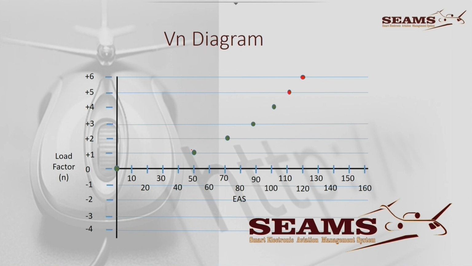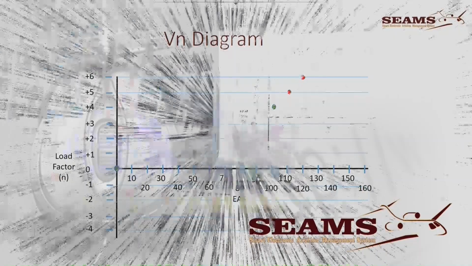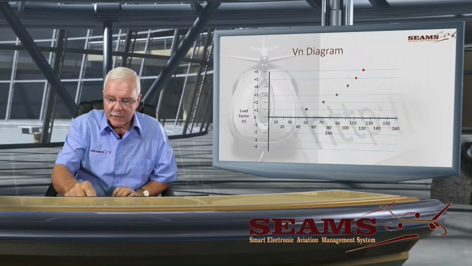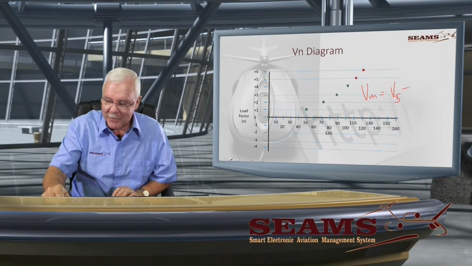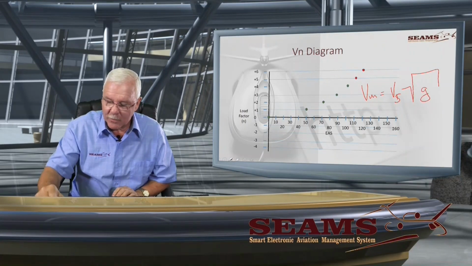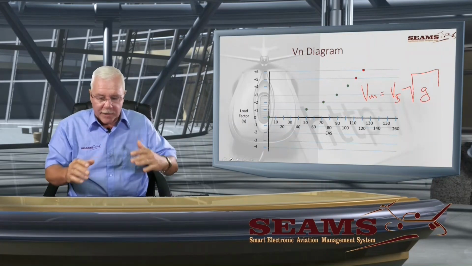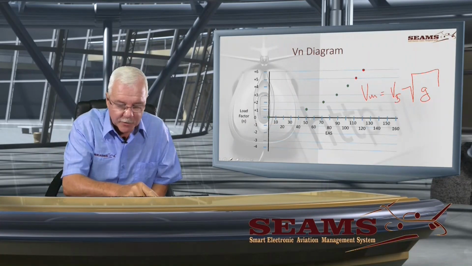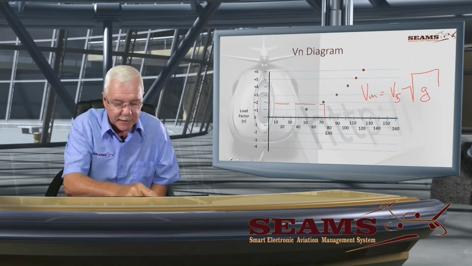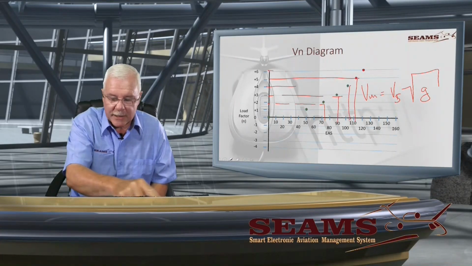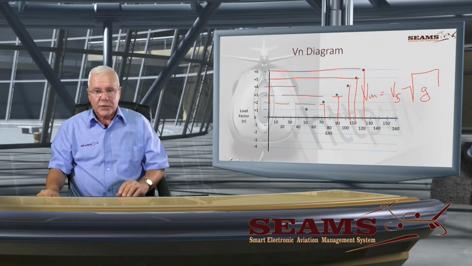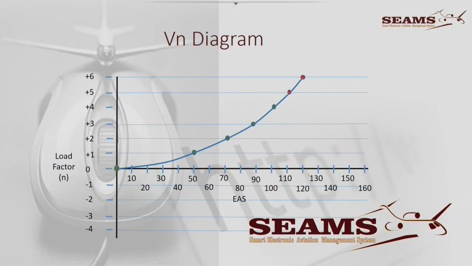If I now use this formula, Vm equals Vs, I nearly said Vb, times the square root of G or n, then what I've actually done is worked out the square root of 2 times 50, and I got it there. And I've done that at 3 Gs, and at 4 Gs, and so forth until I got to the top. So that was how this one was determined.